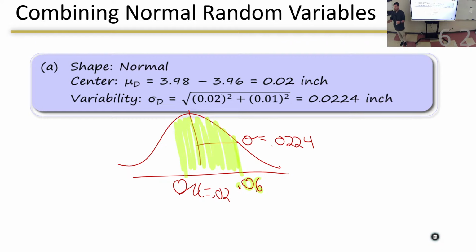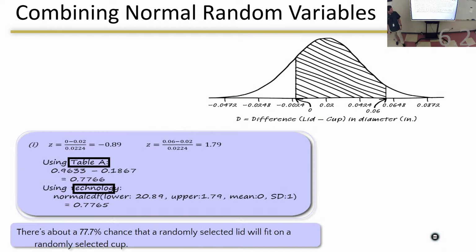Good enough with that? There's a nice pretty picture over there. There's a z-score. We don't care about z-scores, although you should remember the z-score is 1.07 and negative point, who cares. 77%, 0.7763.